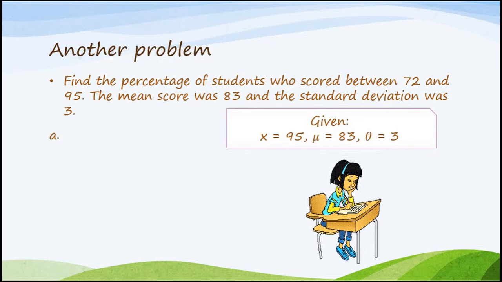Let us first find the k. k is equal to the absolute value of x minus mu over theta. k is equal to the absolute value of 95 minus 83 over 3. So k is equal to 12 over 3, which is equal to 4.